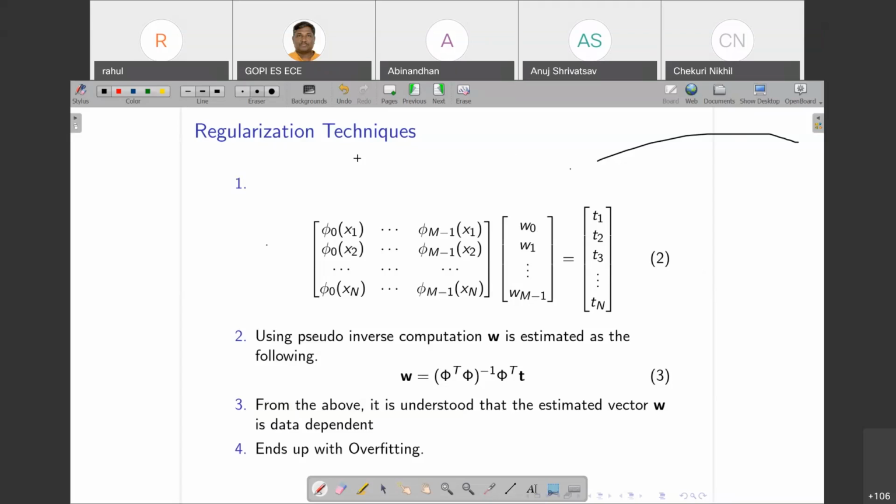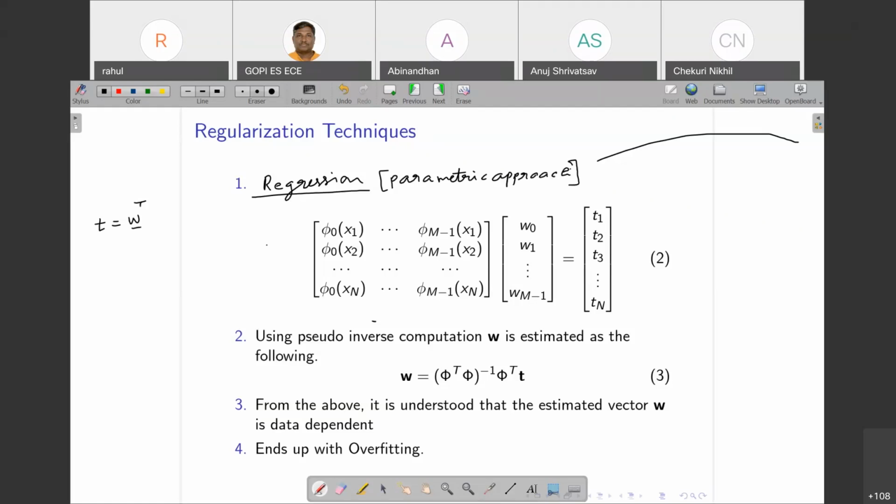Okay, right. So the problem we are now talking about is the regression problem, using the parametric approach.